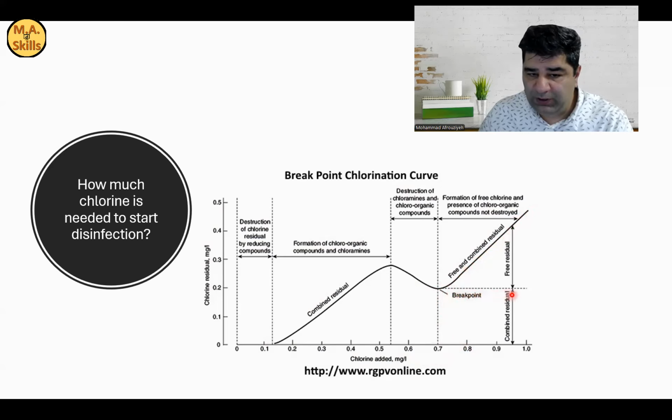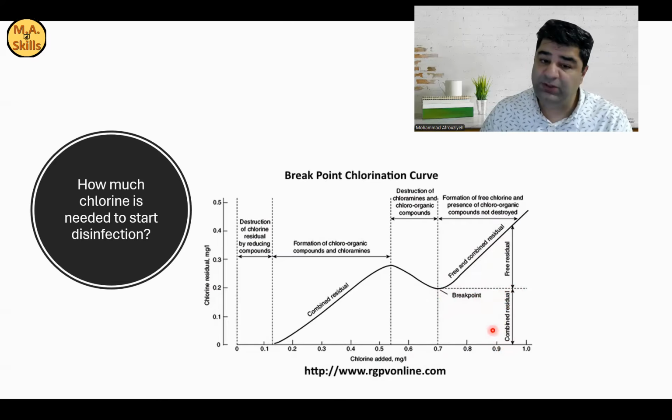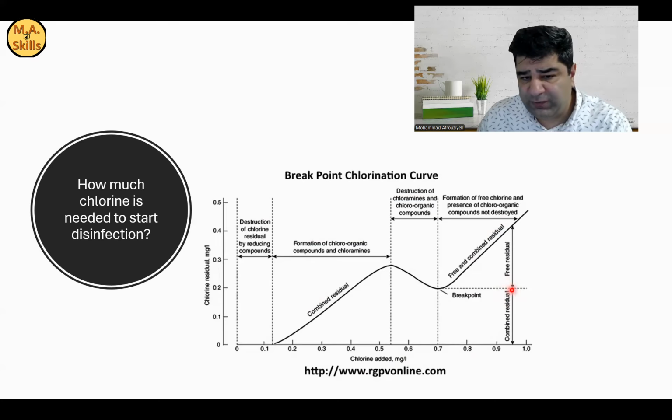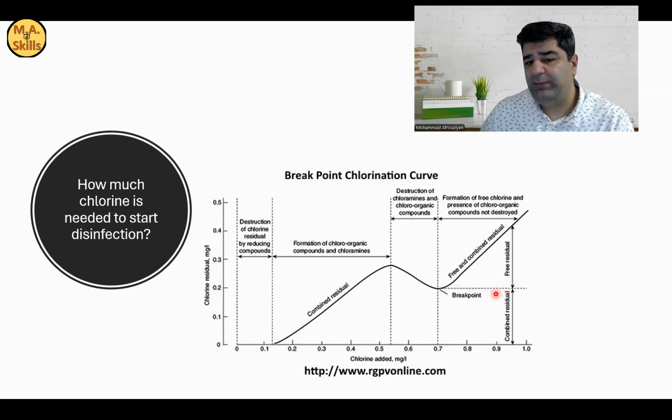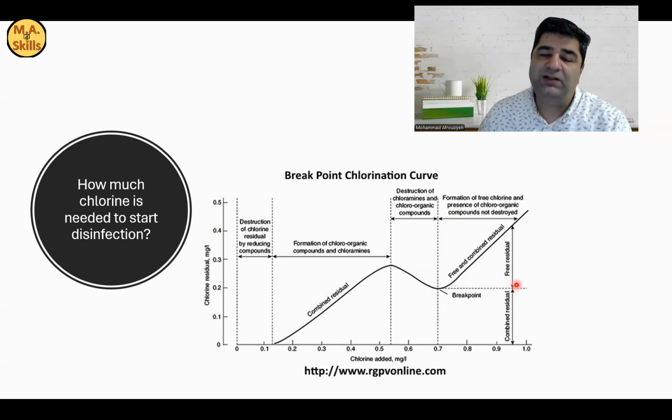If we draw a line here from the breakpoint, from here all the way to here is the combined residuals, which we don't like, which is not effective. But above the breakpoint, it is the free residuals or free chlorine, which we like because it's going to really have that disinfection role.